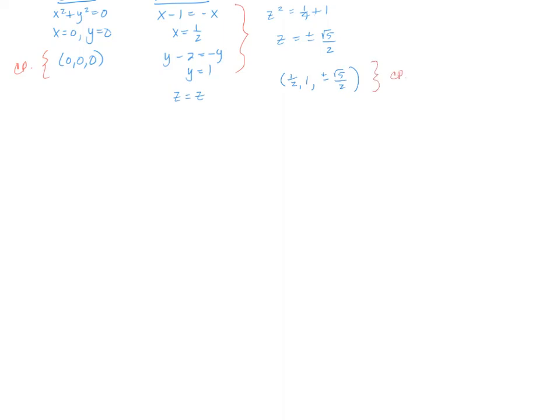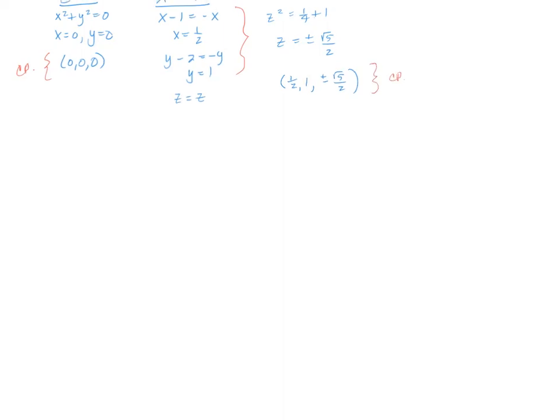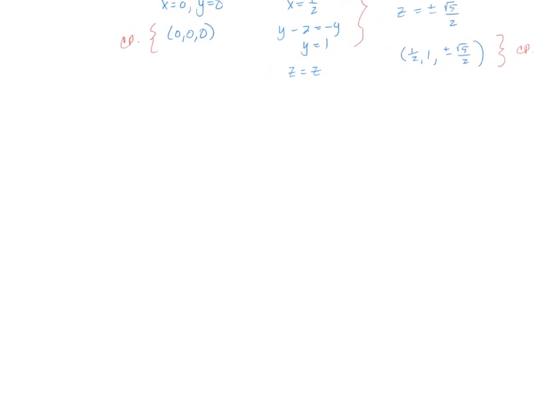I have 3 critical points. I need to test them to see if they correspond to a min or a max. What I'm putting them in is my distance function, not f. I only used f so that my computations would be simpler.